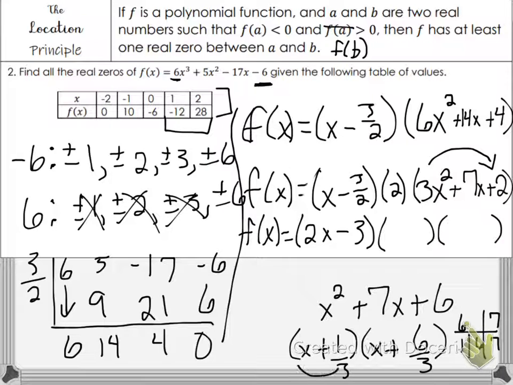Bottoms up, bring the 3 in front of the x. 3x plus 1 is one of my factors. Can I simplify 6 over 3? Yes. What is it? 2. Does everyone see how we factored 3x squared plus 7x plus 2? We okay so far? If you have questions, please ask questions.